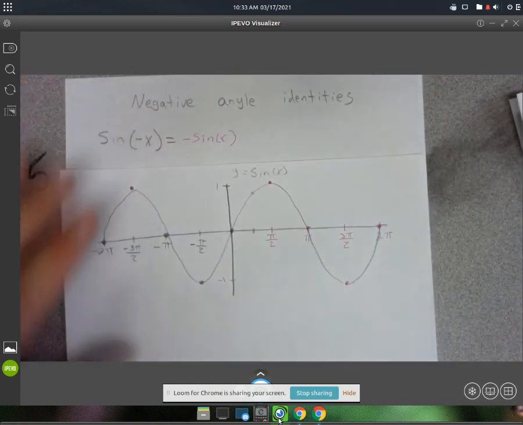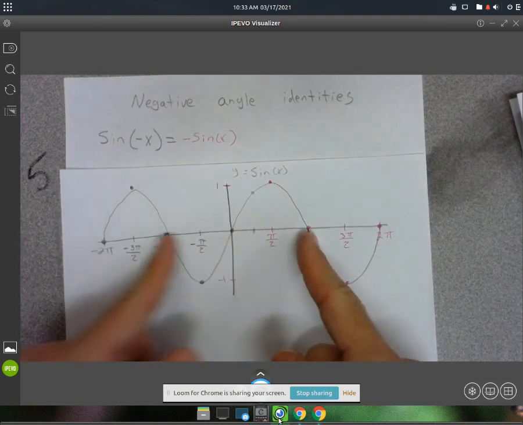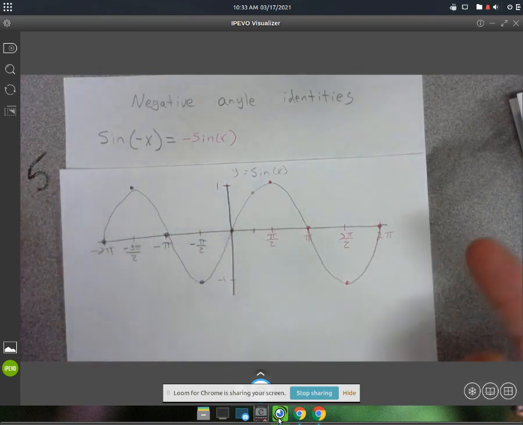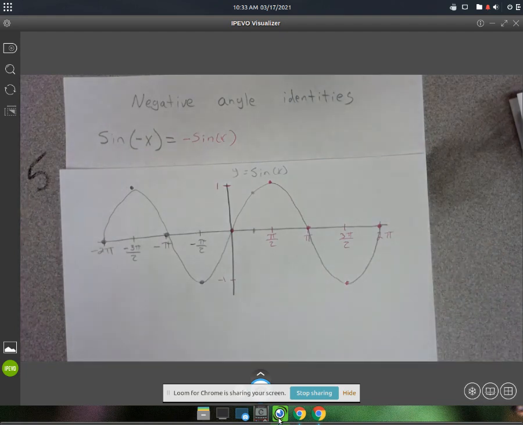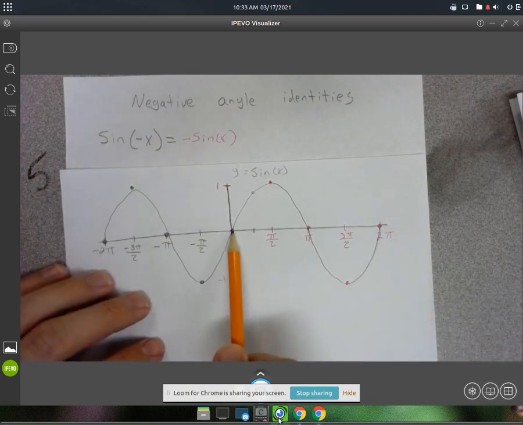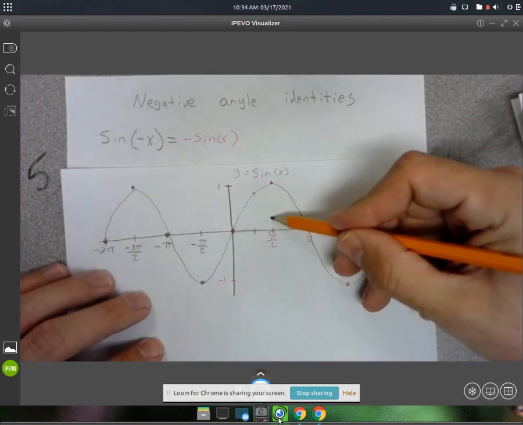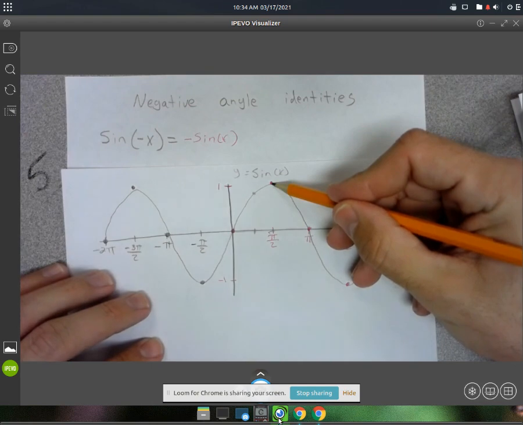But graphically, it would be like whether you go right or left. So if you asked me to evaluate sine of, say, pi over 2, I would go to the right pi over 2 units, and then I would follow that upwards until I get on my graph. So I would get 1.